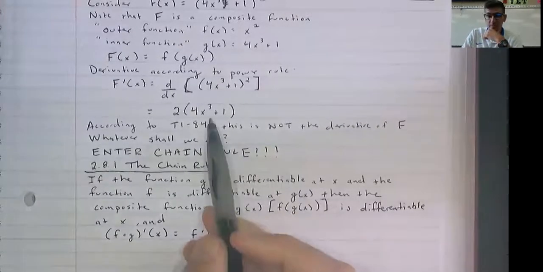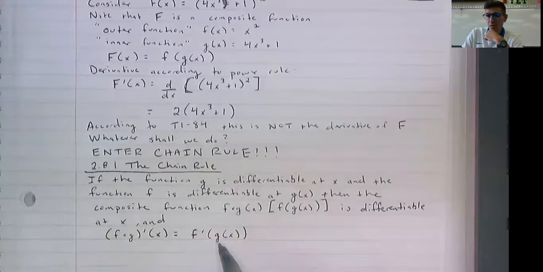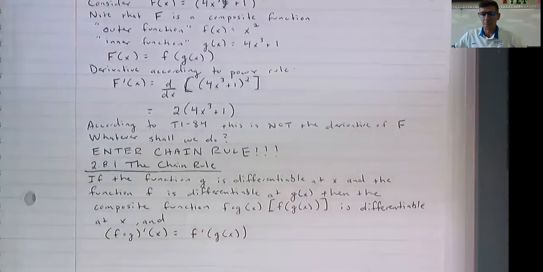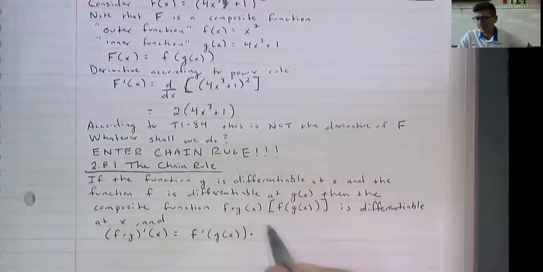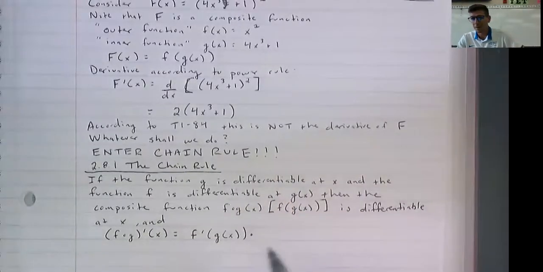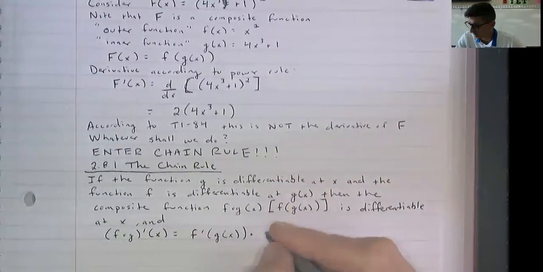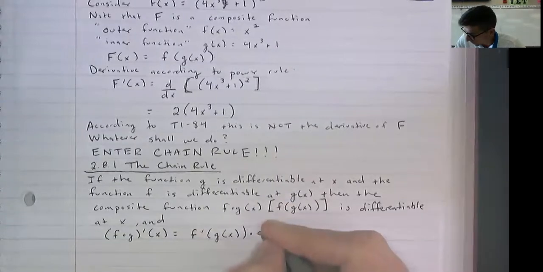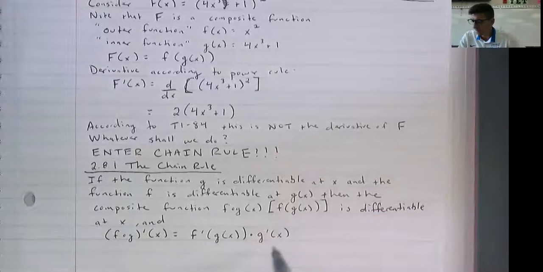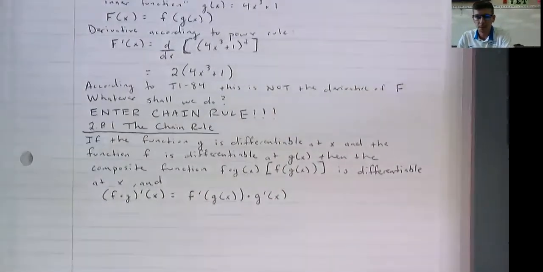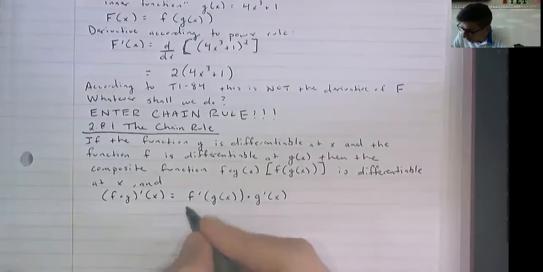That's what we just did. So just differentiating it like the outer function. But then the chain rule is, well, we also are going to bust out this inner function and multiply that, g prime of x.